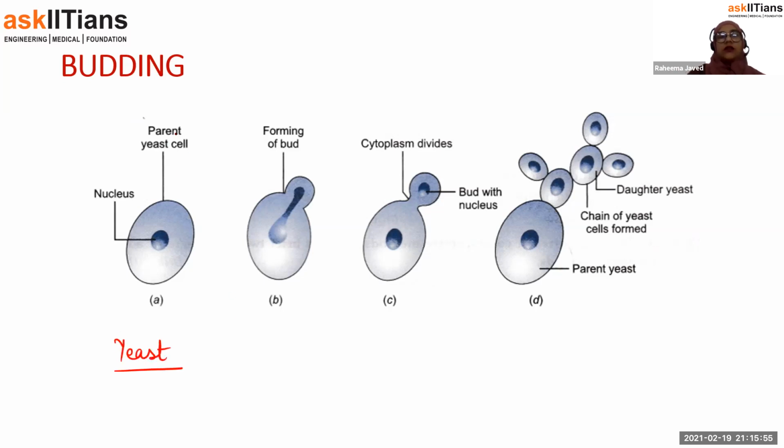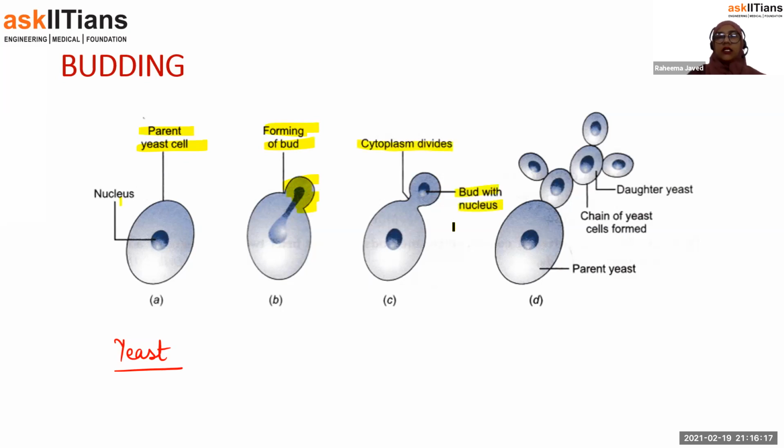Okay, so you can see this is the parent yeast cell. It is forming a bud, which is here. Okay, now the cytoplasm starts dividing.